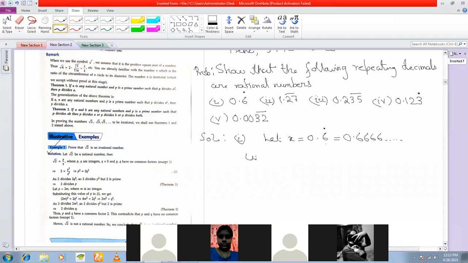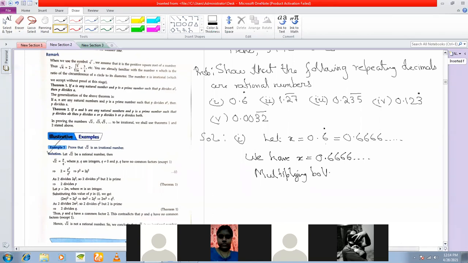So we have x equal to 0.6666, and so on. Multiplying both sides by 10, because only one digit is recurring. If 2 digits were recurring, we would have multiplied by 100. If 3 digits were recurring, we would have multiplied by 1000. Understood? So we have only one digit recurring here, so we multiply both sides by 10.